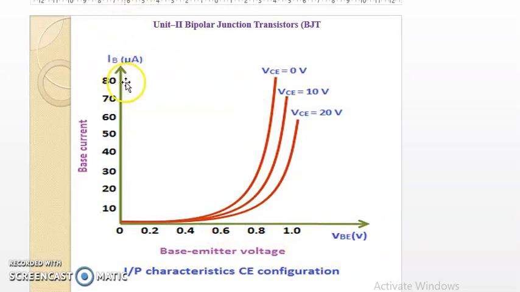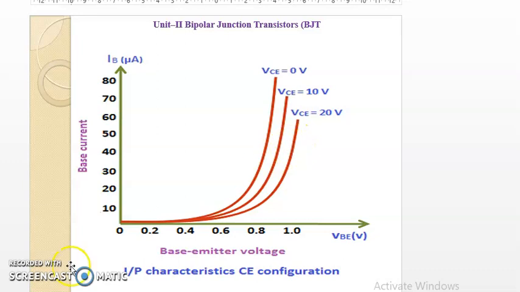As input current is very small, it is measured in microamperes, and emitter current is measured in what? Milliamperes. Here after 0.7 volt, there is a minor increase in VBE and a sudden, rapid change in the base current. And one more point we have seen: for constant higher values of VCE, these curves are bending towards the right.